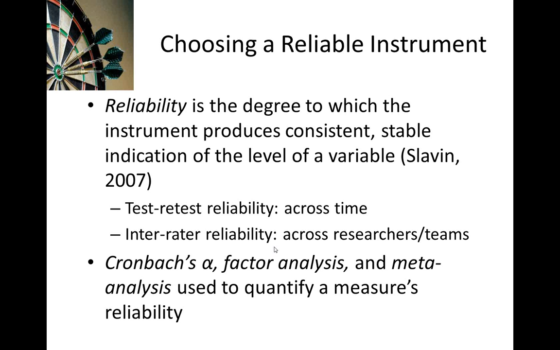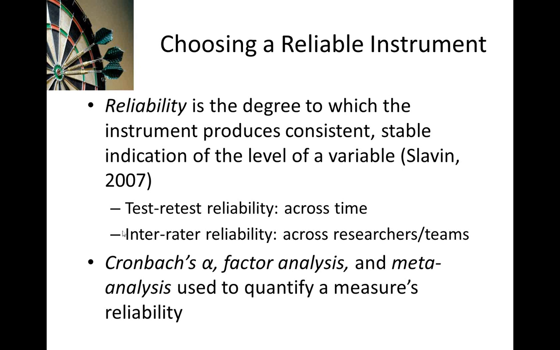And the way that you quantify reliability is using these, typically these 3 different methods. Cronbach's alpha tells you about an instrument's questions, how they all basically go together. If there's a high value, that means that they're all related. Factor analysis is a similar method, except it looks at the factor structure of a questionnaire.